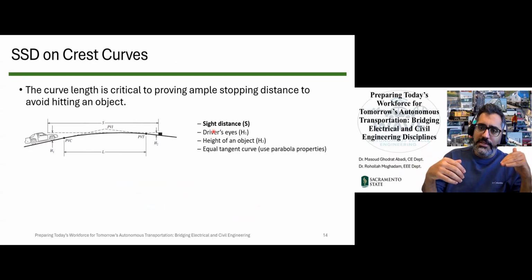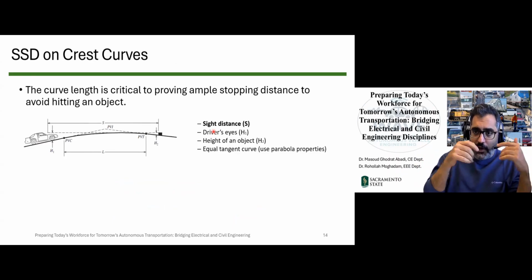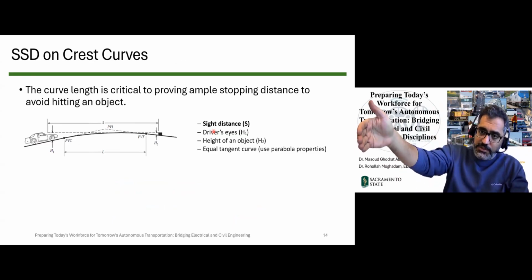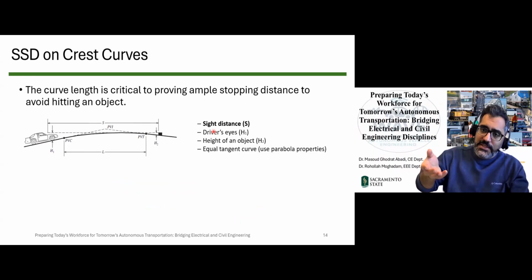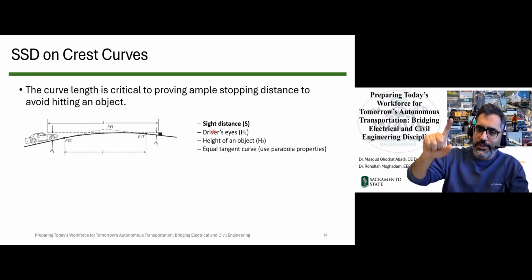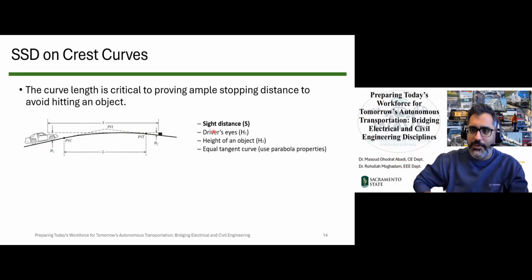When you are on crest curves, the curve itself is blocking your view of the other side because you're going up, you don't see the other side. But when you're on sag curves, because you're going down, you can technically see the objects on the other side. But there is a challenge there. What is that challenge? We will talk about that in a few minutes. But for now, let's just talk about the crest curves.